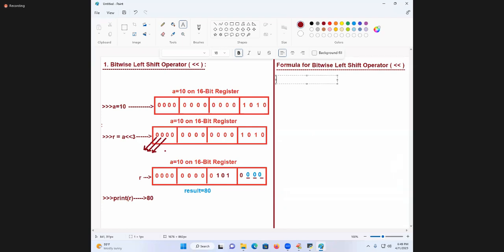I'm taking that result is equal to given number into, I'm writing, number of bits. This is like a formula, like a syntax. Even I can write it under syntax. What is the syntax here?